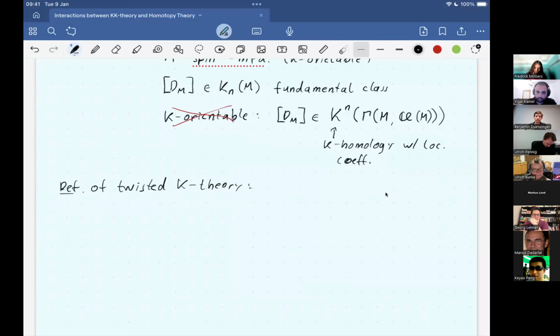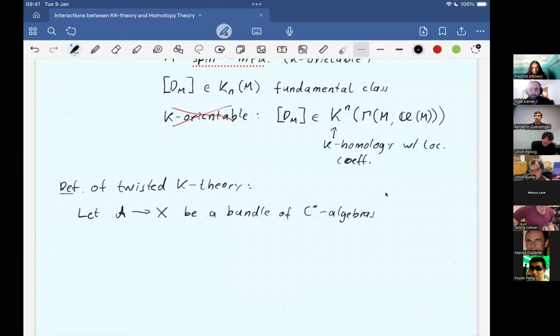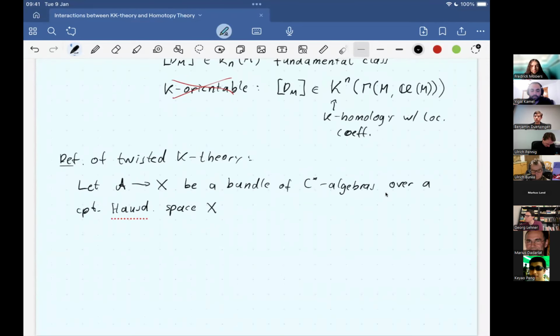As follows. So if I have a bundle of C-star algebras over, let's say, a compact Hausdorff space X, I can define the twisted K-theory in the following way.